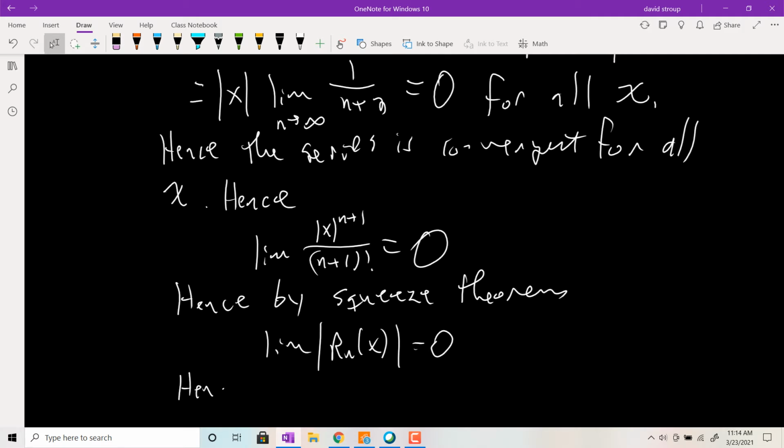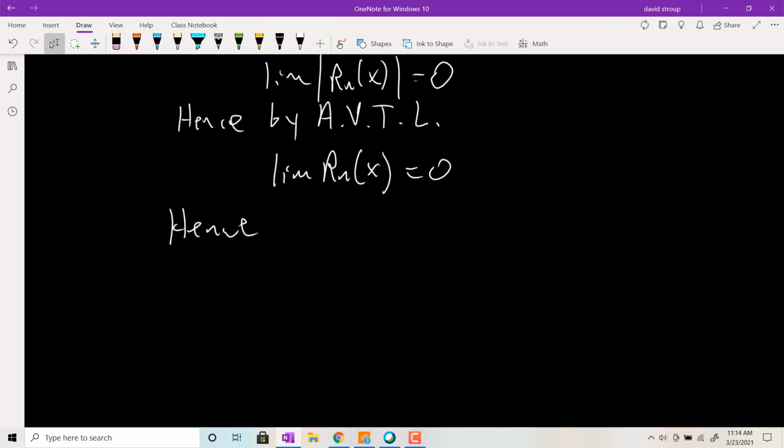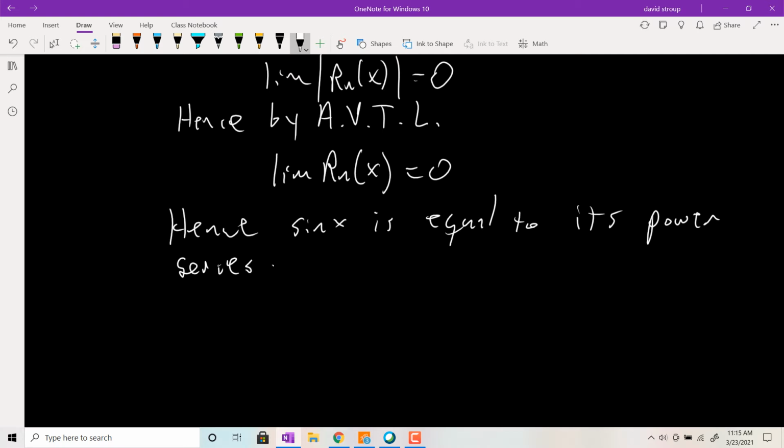Hence, by the absolute value theorem for limits, I'll just say AVTL, the limit of r sub n of x is equal to 0. Hence, sine of x is equal to its power series representation. And that's it.